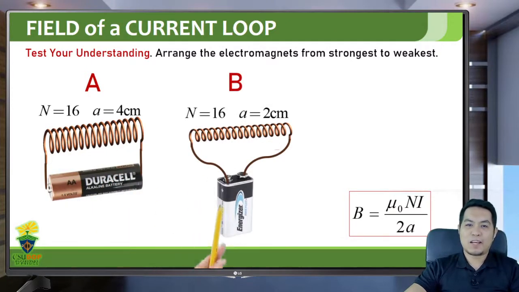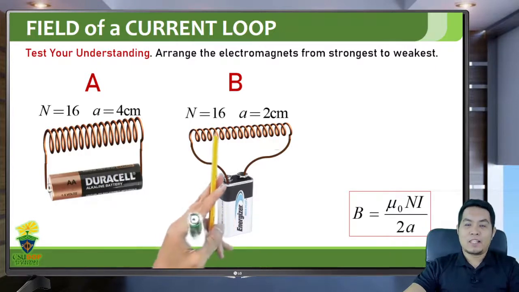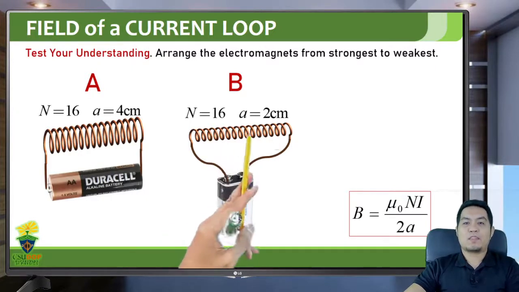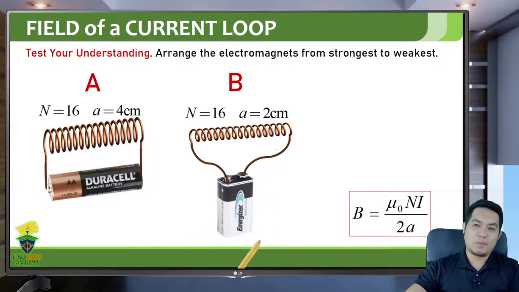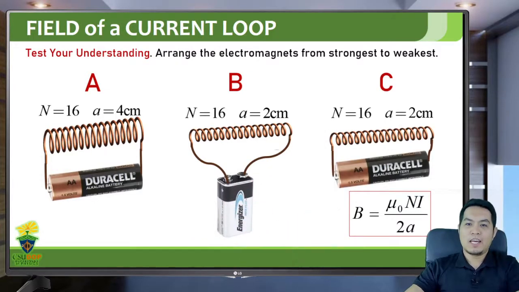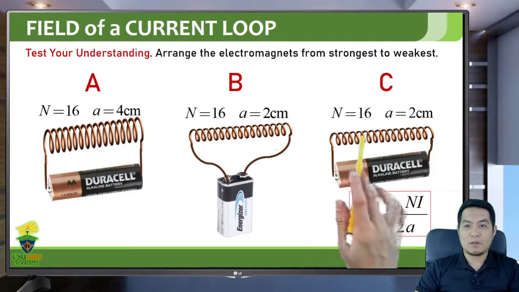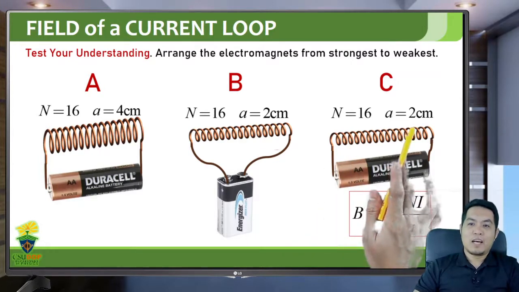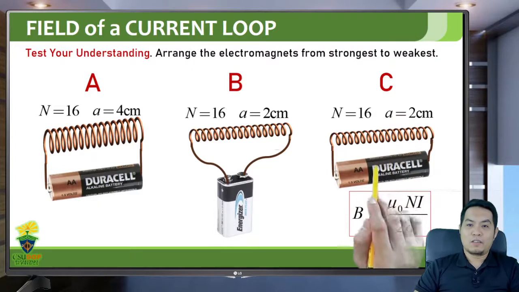Electromagnet B is connected to a 9 volts battery. It still has 16 loops, but the radius is smaller. And electromagnet C still has 16 loops, and the radius is smaller, but the battery is only an AA battery.